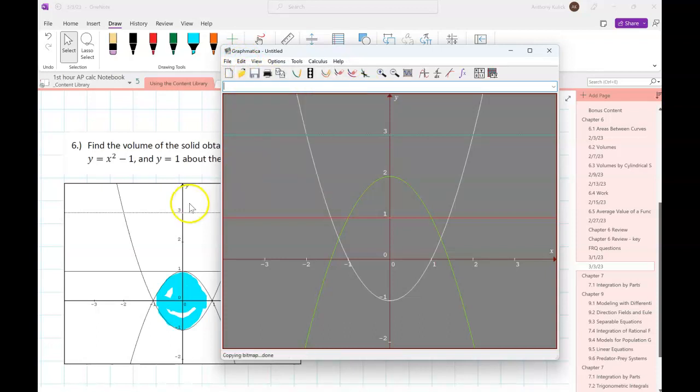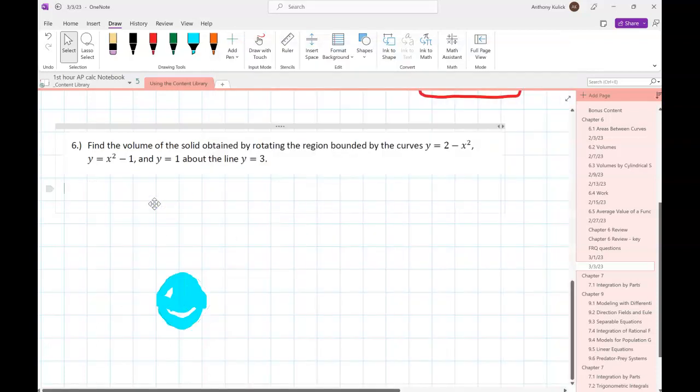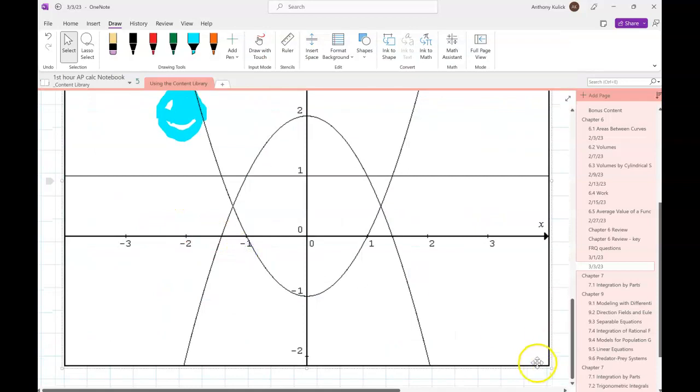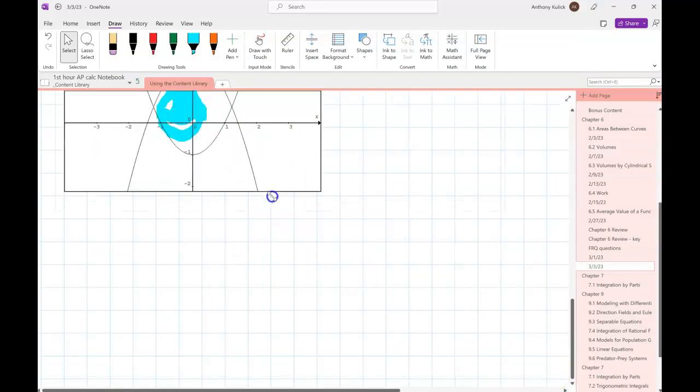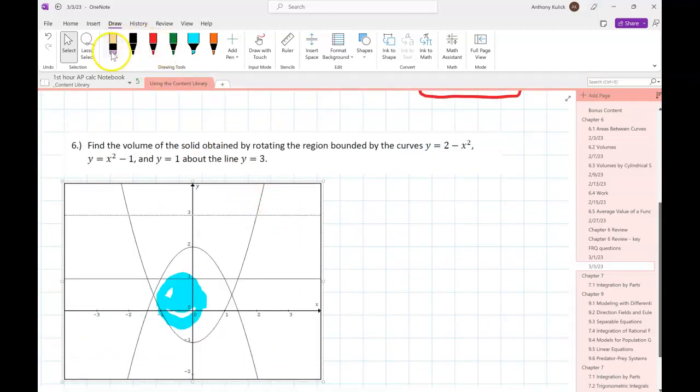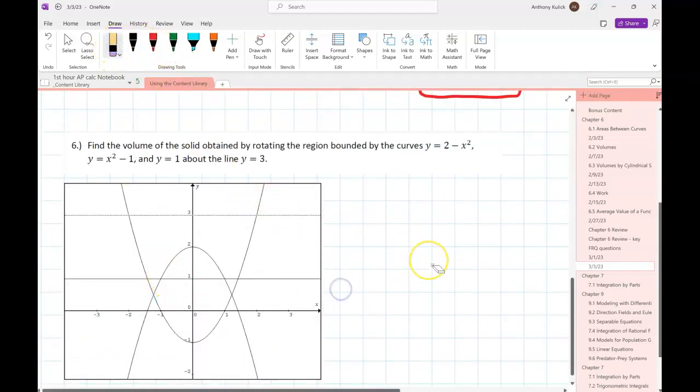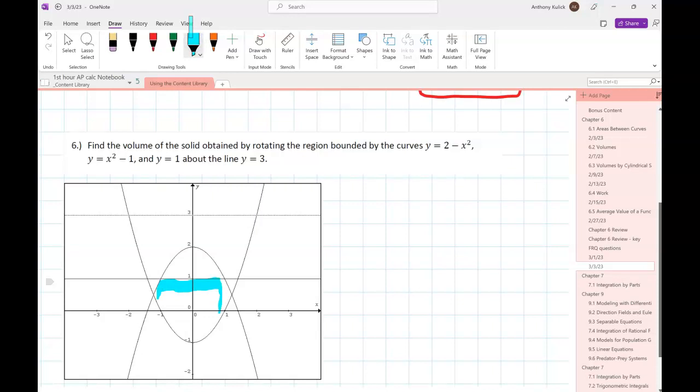I'll show you in a second. Okay, that's good enough. So if I want the region bounded between those two curves and y equals 1, we're talking about this region here.